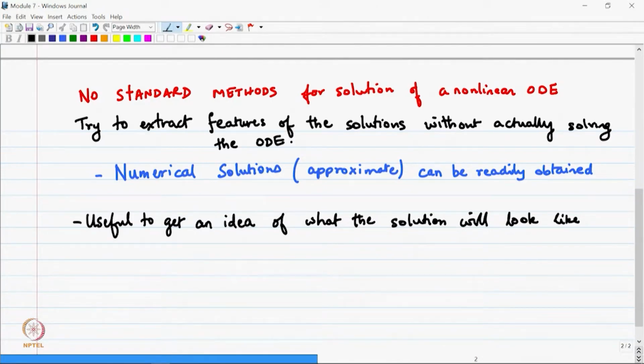Now, this is a general method which can be applied to any nonlinear ODE. So the techniques that we will be discussing today can be applied to any nonlinear ODE.